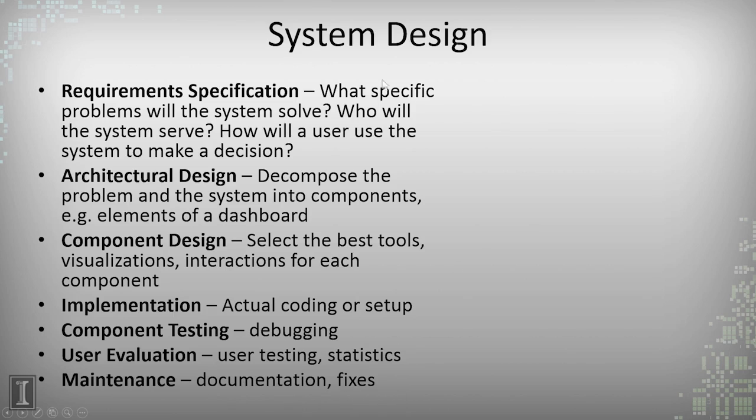It's easy to underestimate this process, and when people make estimates of how long it will take to implement such systems, they focus on implementation. And you'll see implementation is maybe one of 7 steps here. And that's why we say when we're designing software systems or user interfaces or visualization systems, you want to take the amount of time you think it should take, and then you want to double it.